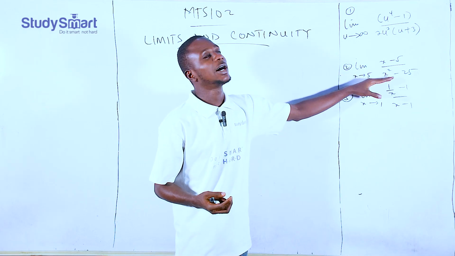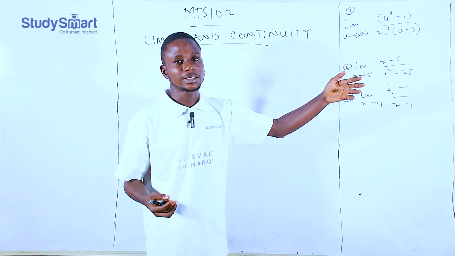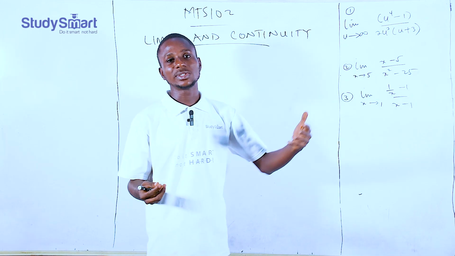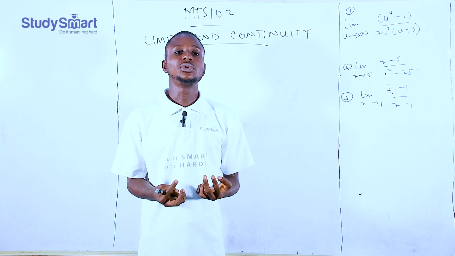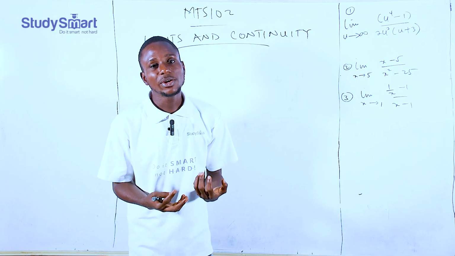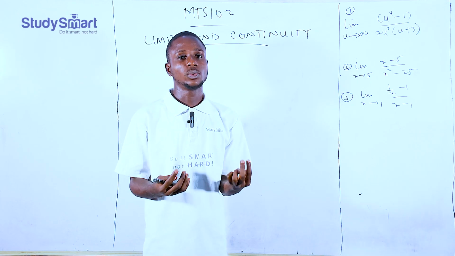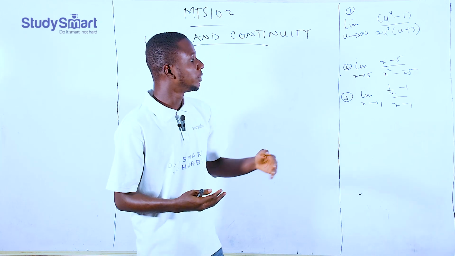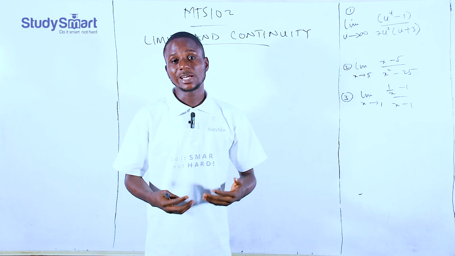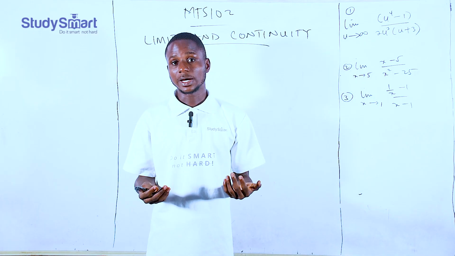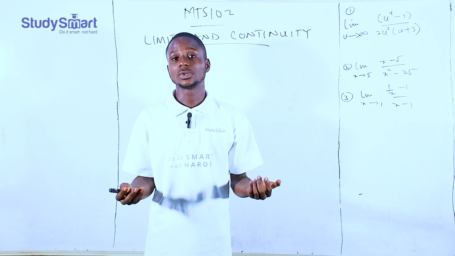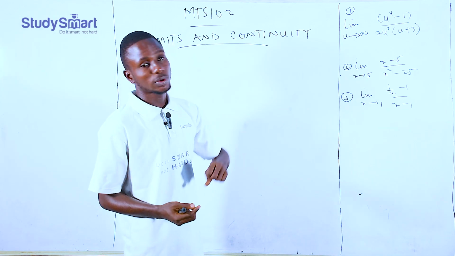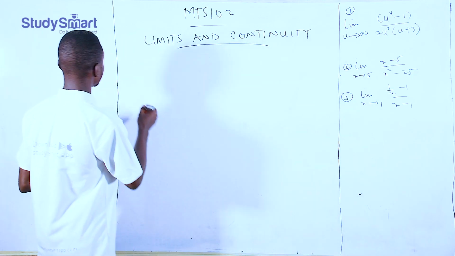You need to re-express the question in a way that when you substitute the value of x, the denominator does not give you 0. Keep evaluating until the denominator is no longer 0. But if you've tried all means and the denominator still gives you 0, you can conclude that the function is discontinuous, has no limit, or is undefined. Coming back to the questions on the board, let's start with question 1.